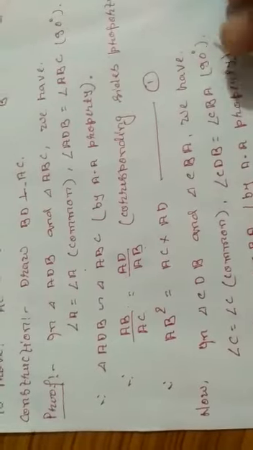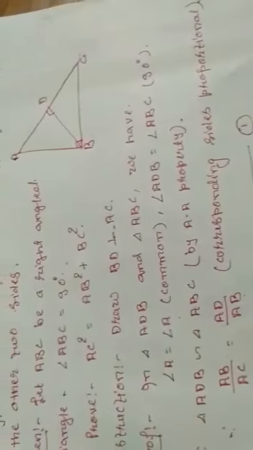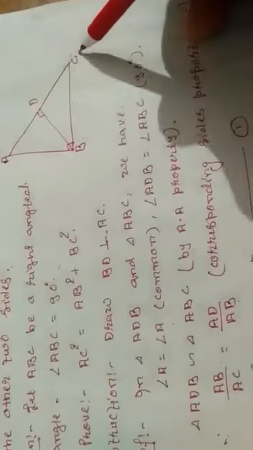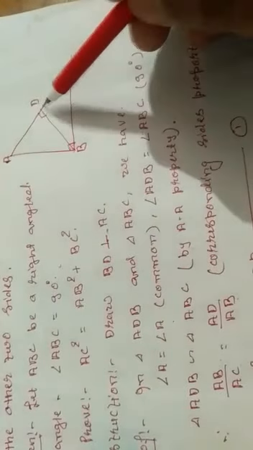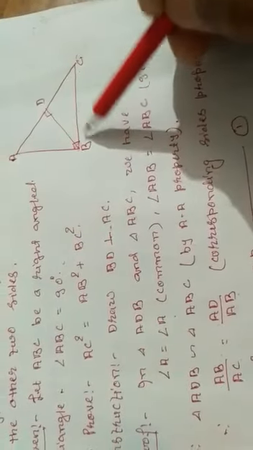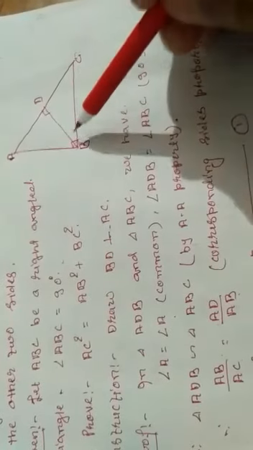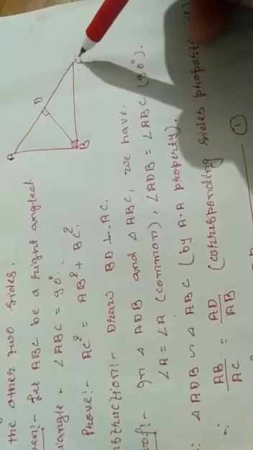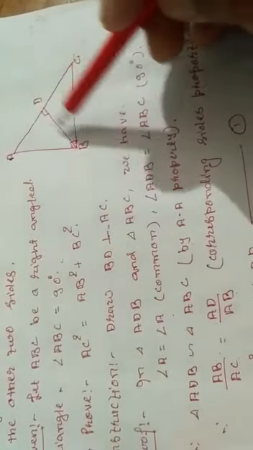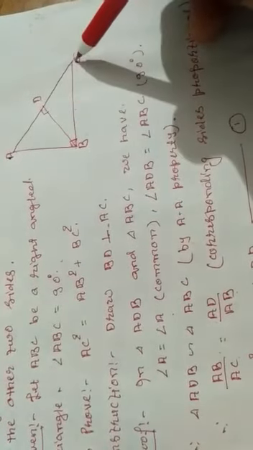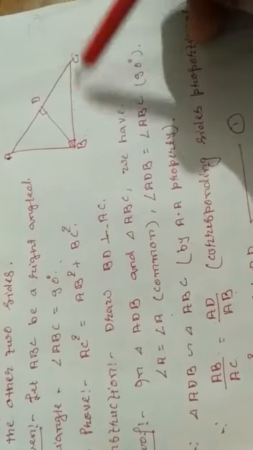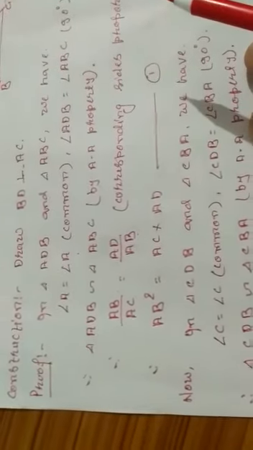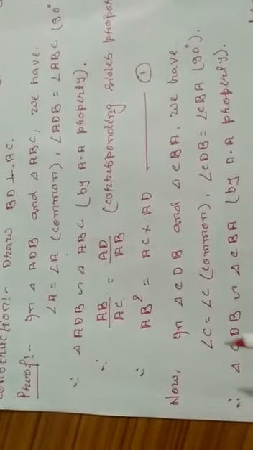Now similarly, we have to make again one smaller triangle CDB, similar to triangle CBA, by the same process. So in these two triangles also we have angle C common.